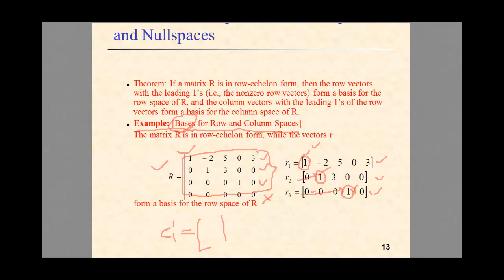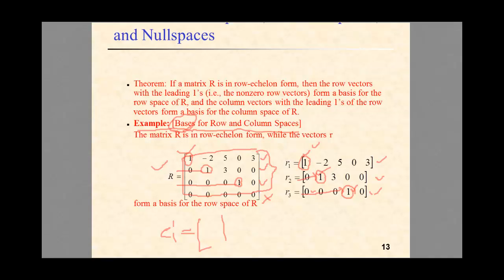Now we check which one is the first element in the row. One is the first element in this row, so it is called the leading element. Going from left to right, this is the leading one in the second row. Similarly in the third row, the first element is the leading one.